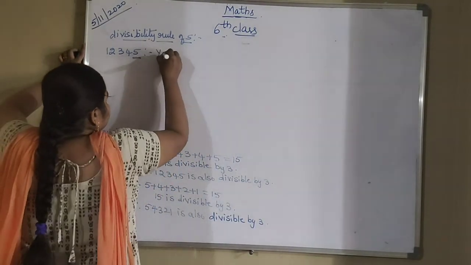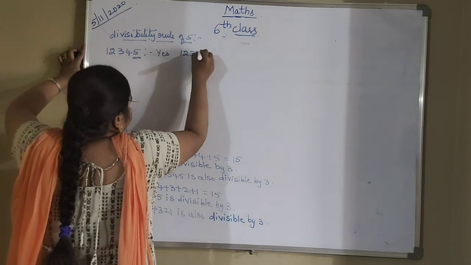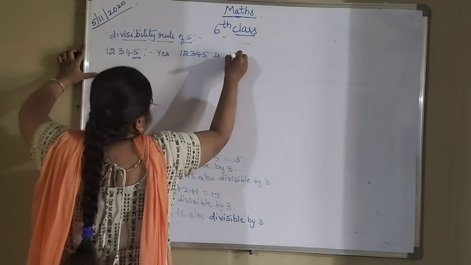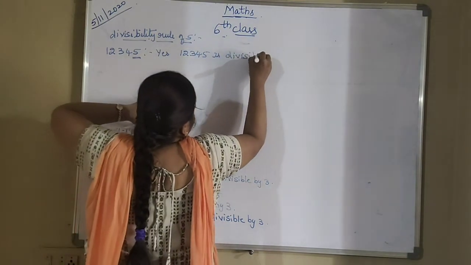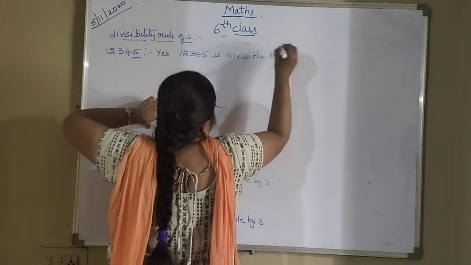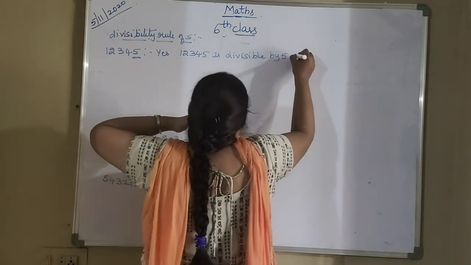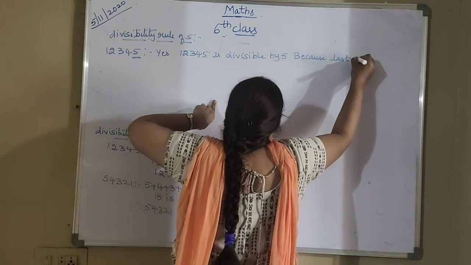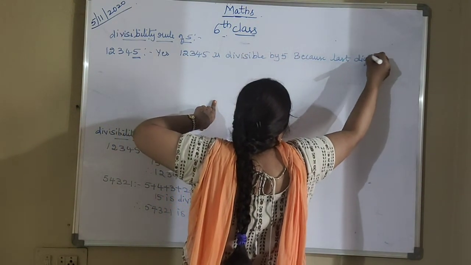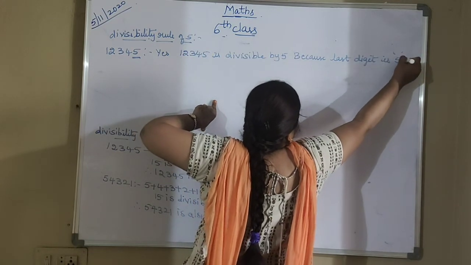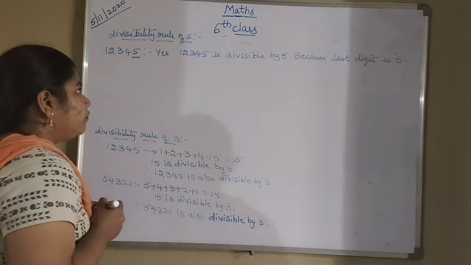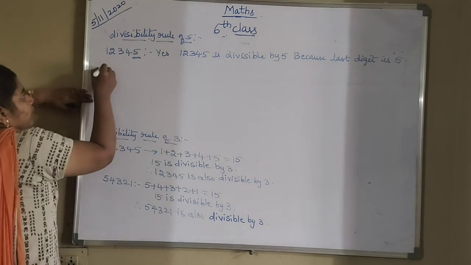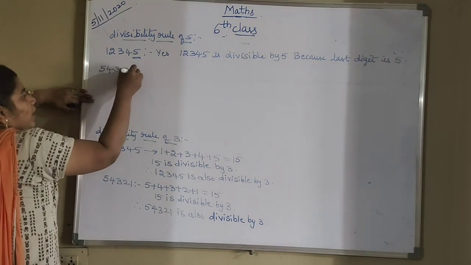So yes, 1, 2, 3, 4, 5 is divisible by 5 because the last digit is 5. Now check for the reverse number, 5, 4, 3, 2, 1.